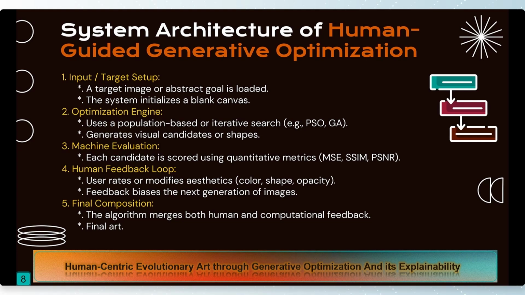Then we have machine evaluation, in which each candidate is scored using quantitative metrics like MSE, SSIM, PSNR, and more. Then we have the human feedback loop, in which the user rates or modifies aesthetics like color, shape, opacity, and feedback biases the next generation of images. Final composition: the algorithm merges both human and computational feedback, and we achieve the final art.